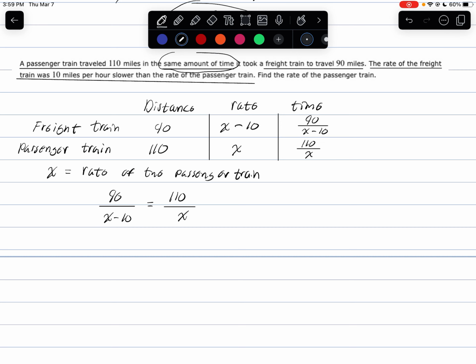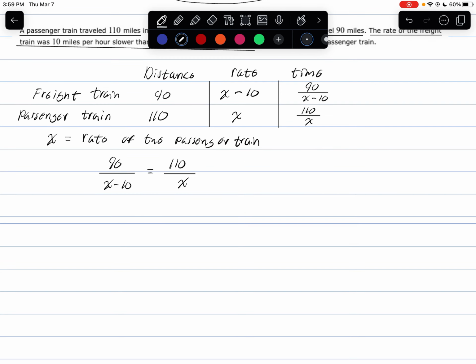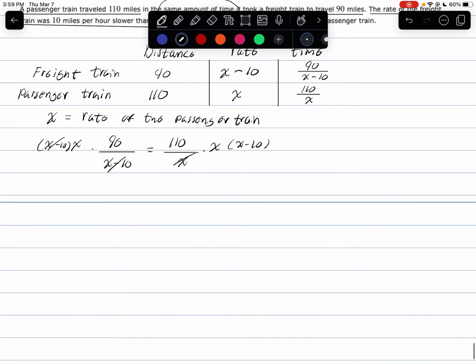Now we're going to cross multiply. Let's multiply both sides by x, and then multiply both sides by x minus 10. The x's here will cancel, and the x minus 10's here will cancel, and we get 90x is equal to 110 times x minus 10.